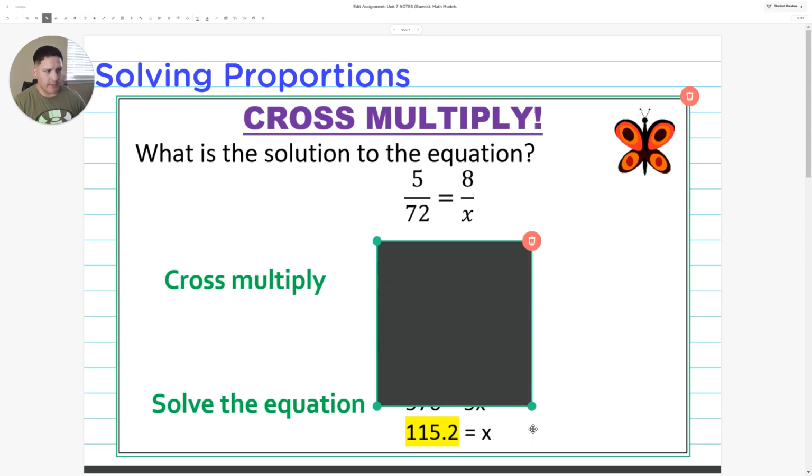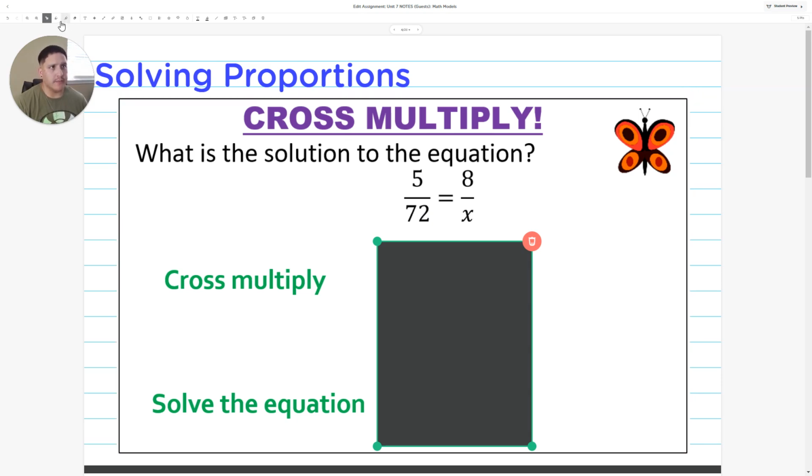Let me just cover some things up. There we go. So for this proportion, what is the solution to the equation? 5 over 72 equals 8 over x. Well, this is a proportion, and with a proportion, we can cross multiply.